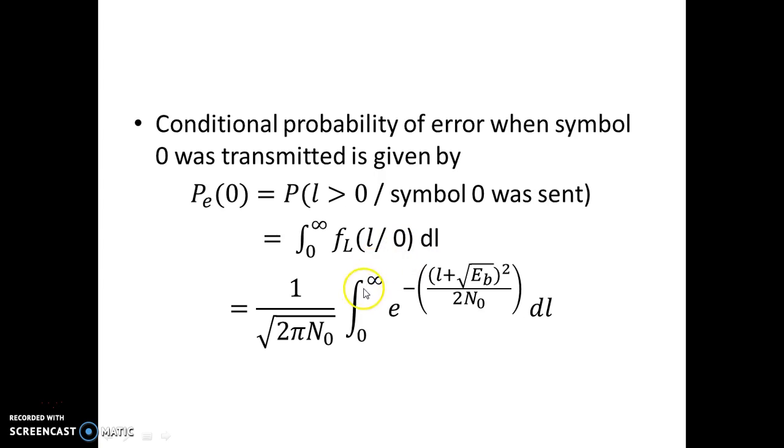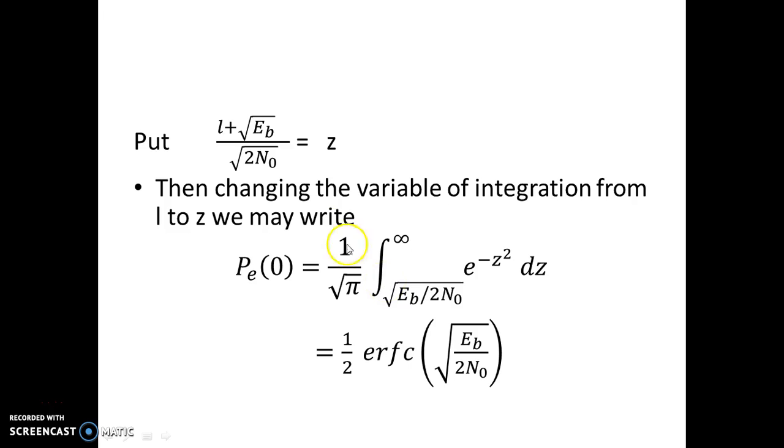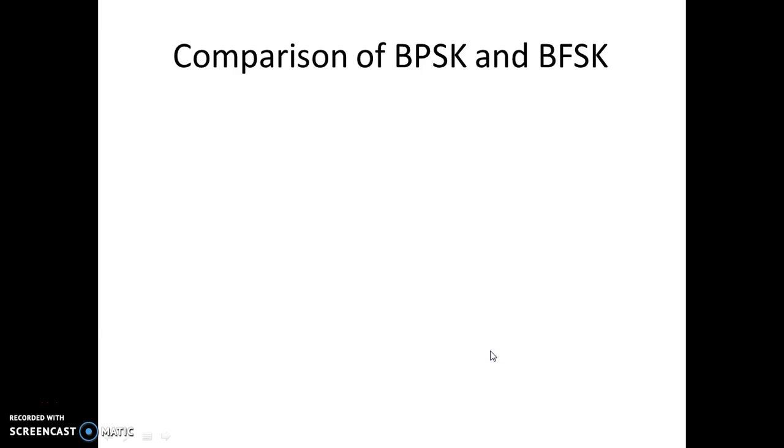So applying the result we found before into this equation, with (l plus root Eb) by root 2 N0 and doing some change of variables, we obtain the probability of error when symbol 0 was transmitted as 1 by 2 erfc, the complementary error function, of root of Eb divided by 2 N0.